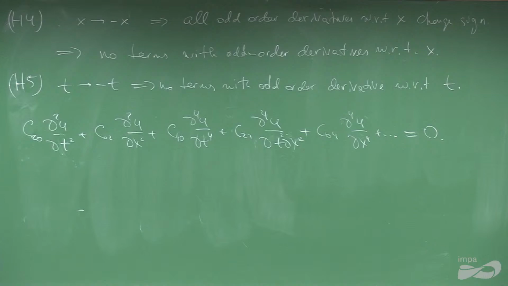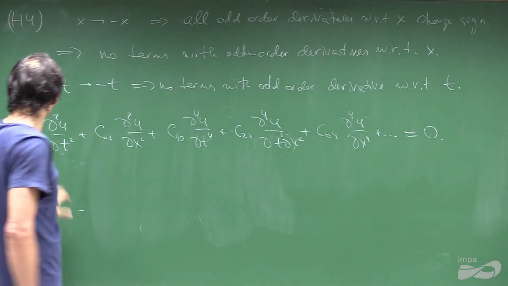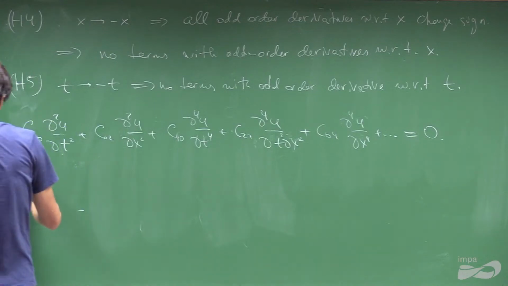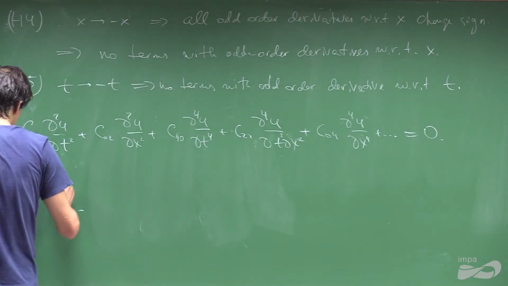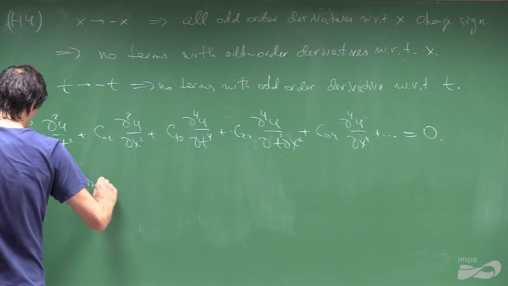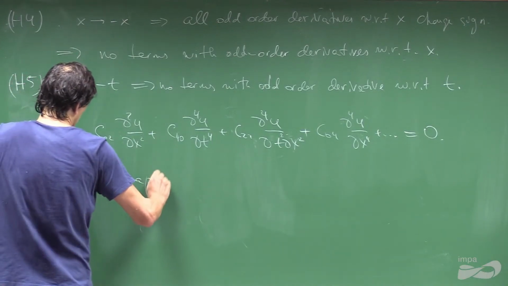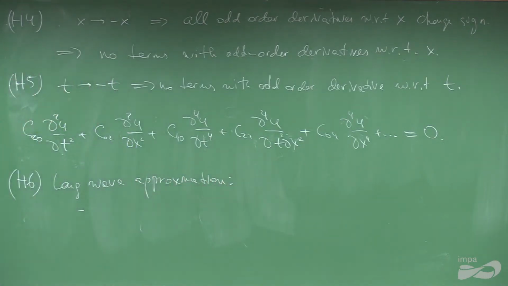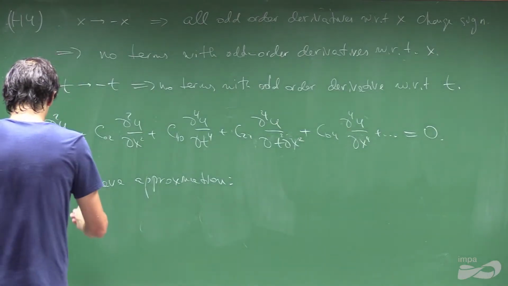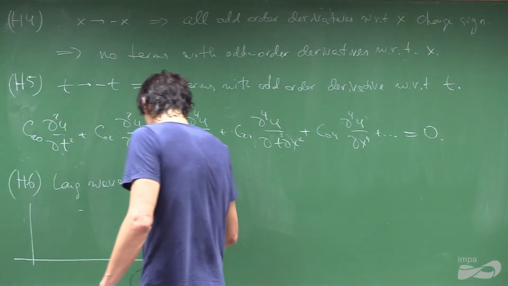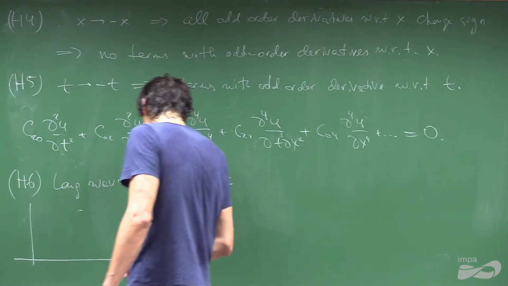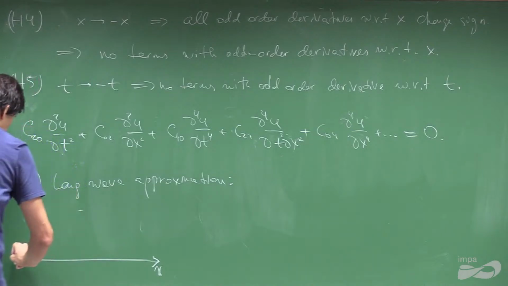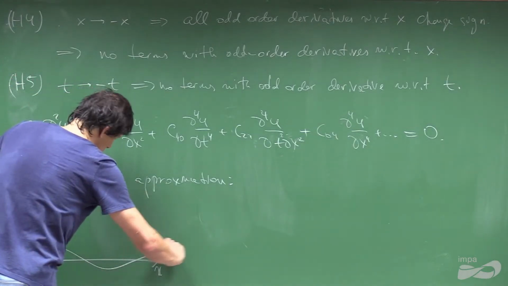But still, the equation is complicated because there are many terms. So to decrease the number of terms even further, we will use the last assumption, which is long wave approximation. So what does long wave approximation mean? For example, long wave in the x direction means that u will change slowly.